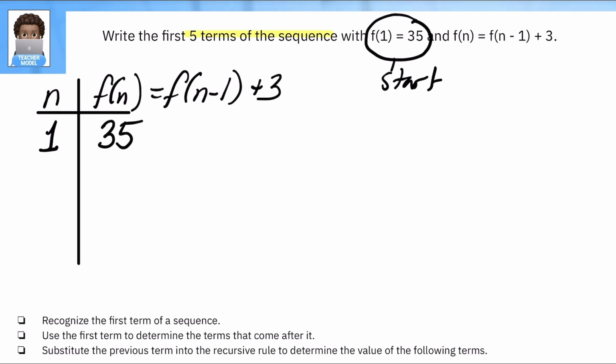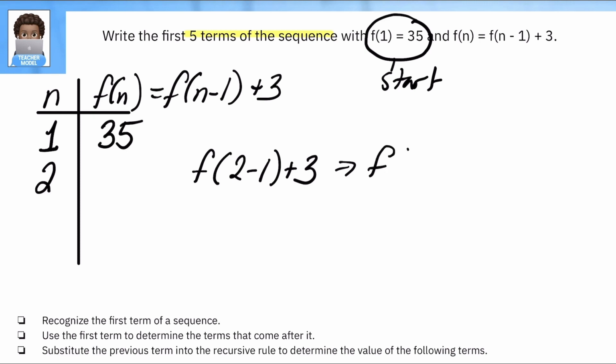And my rule is telling me, to find the second number, I need to find f of n minus 1 plus 3. Okay. So if I want 2, I need to find f of 2 minus 1, which is the same thing as f of 1, plus 3. I know what f of 1 is. f of 1 is 35.